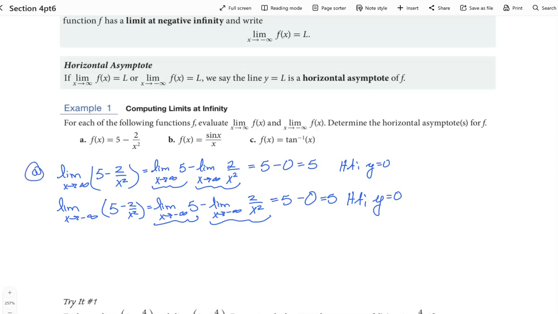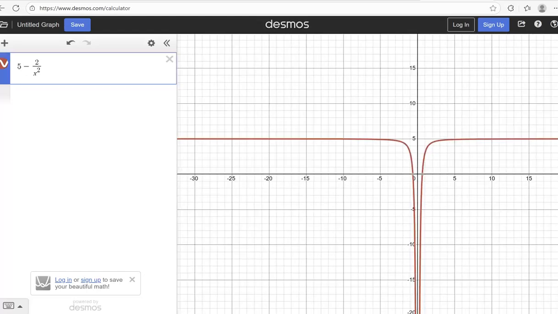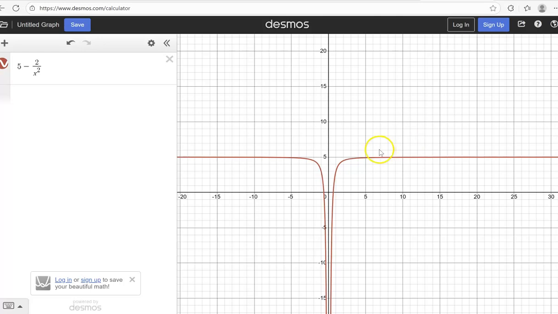So let's take a minute and look at the graph. I've graphed y equals 5 minus 2 over x squared. You can see that as x gets really large over here, all those y values are heading towards 5. On the left-hand side, all the y values are heading towards 5 also as x gets super small.